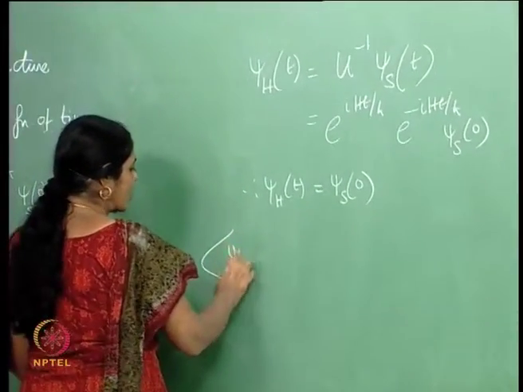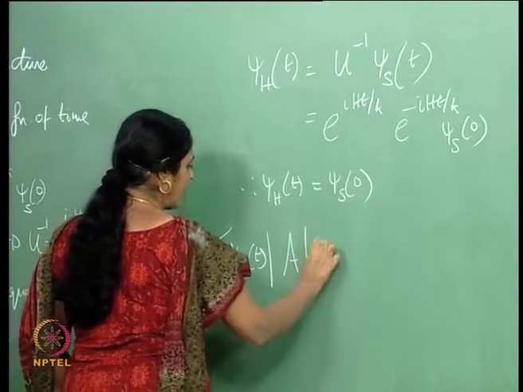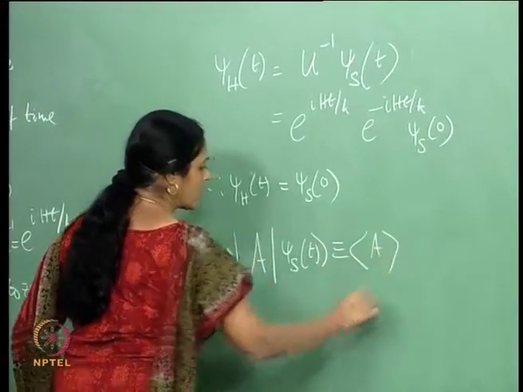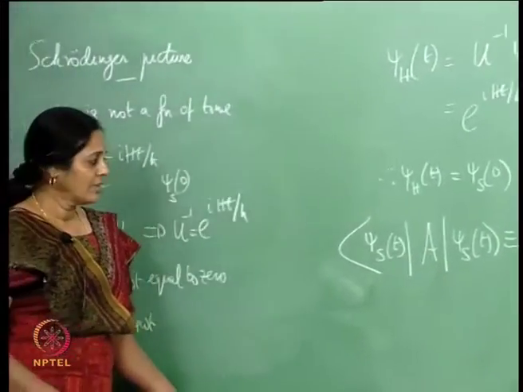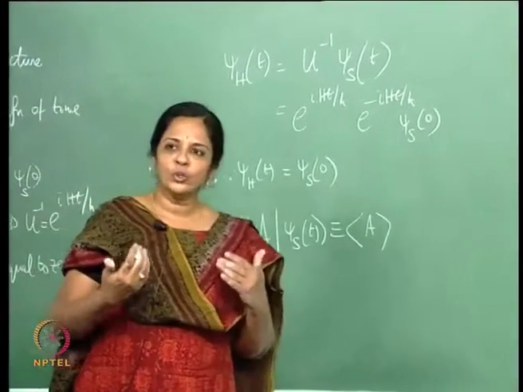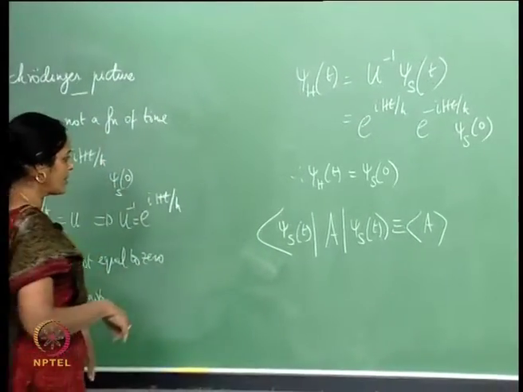Expectation values at any time will have to be the same whether you are in the Schrodinger picture or in the Heisenberg picture, because expectation values are measurables and the picture you choose to work with is often just a matter of convenience.